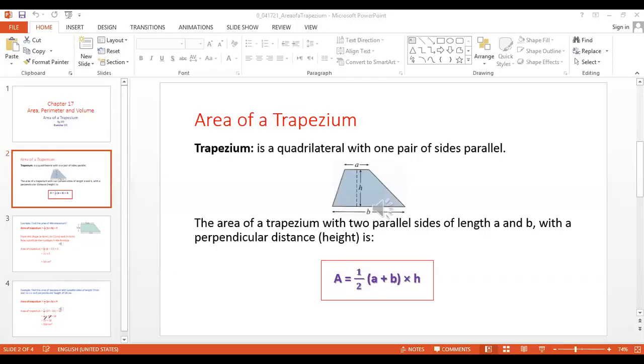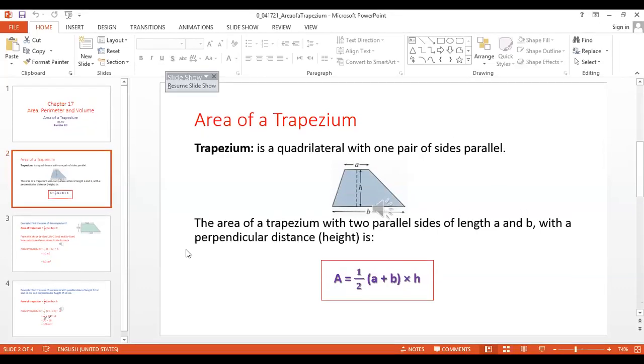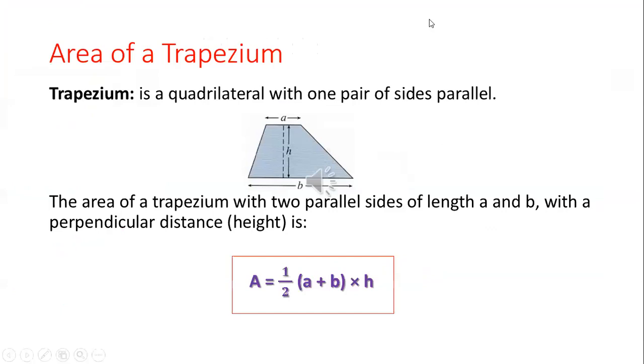If we need to check here, the area of a trapezium. This is the last one we have today. I talked about it before, but now this is just a revision.